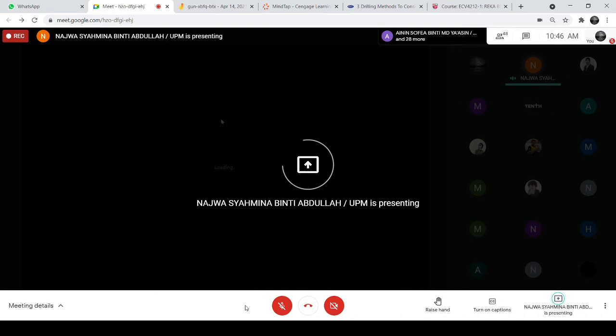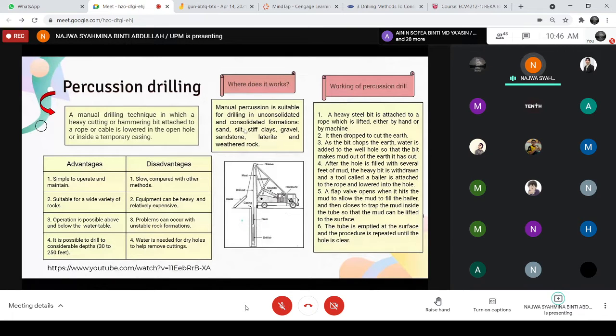Okay, so here is the percussion drilling. As shown in the video, the heavy steel is attached to the rope, which is lifted either by hand or machine, and then dropped to cut and chop the earth. Water is added to the well, so the pit makes mud out of the earth it has cut.